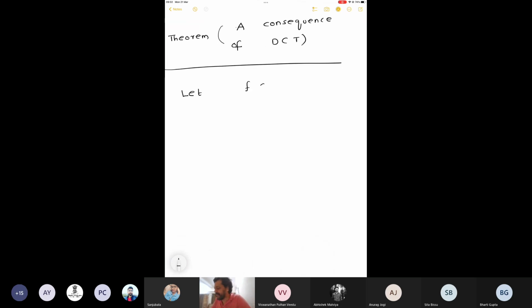Let f be in L1, a Lebesgue integrable function. Or maybe, if you want slightly more general, f is in L1(E), where E, a subset of [a,b], is measurable.